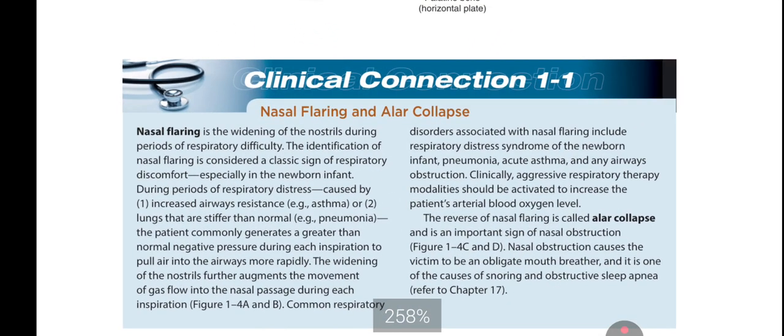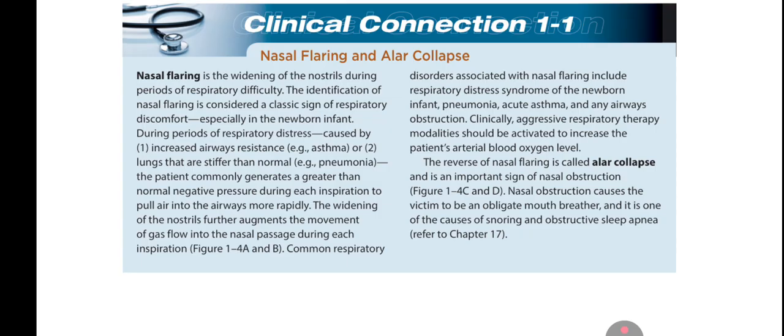I don't know. Then here we have the nasal flaring or the alar collapse. Let's just skip the readings here. If you want to read, you can pause and read. But to give you a summary, nasal flaring is a sign of respiratory distress, as you can see. It's because there's probably an increased need for oxygen.